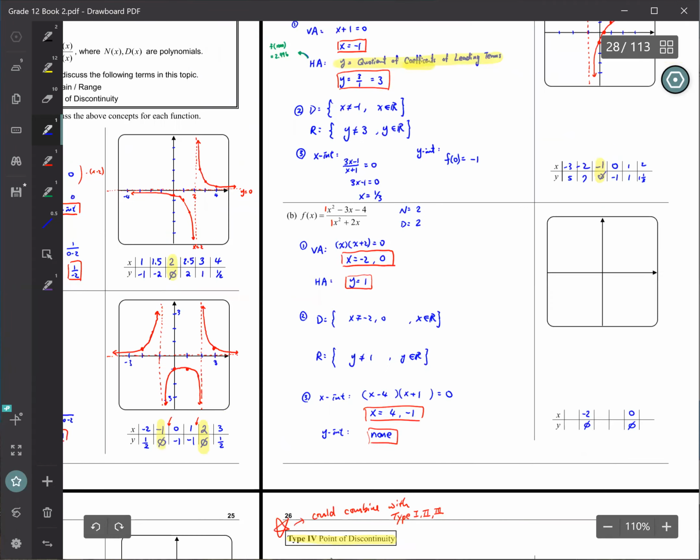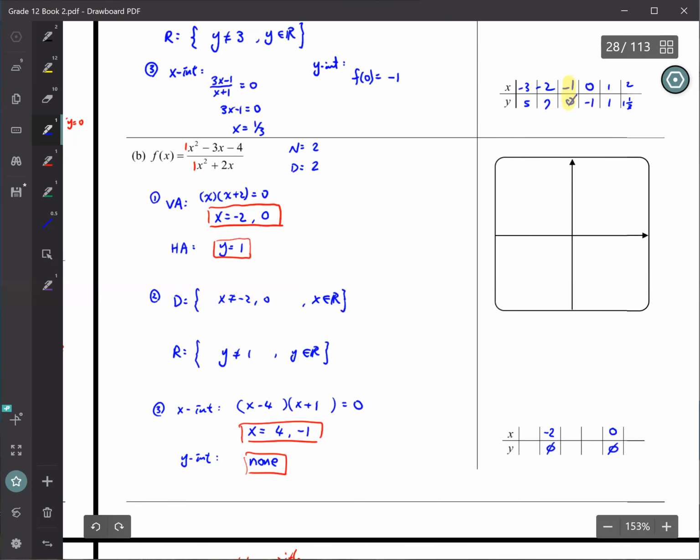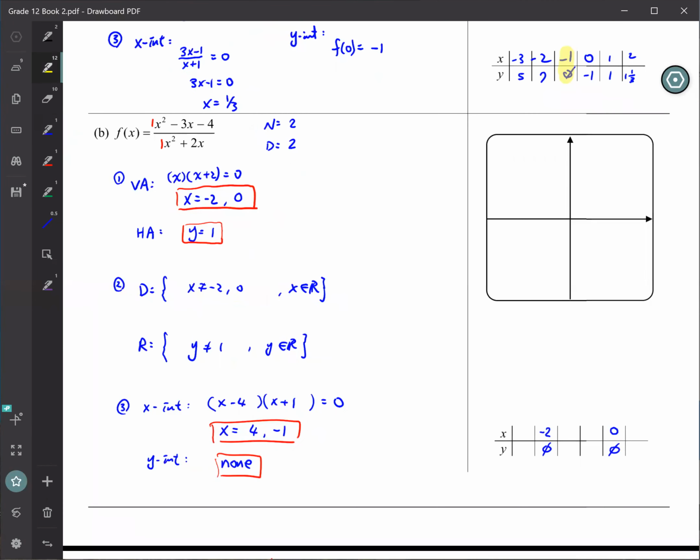It's always safer, right, to have a table of values. Please raise your hand if you finish the table.